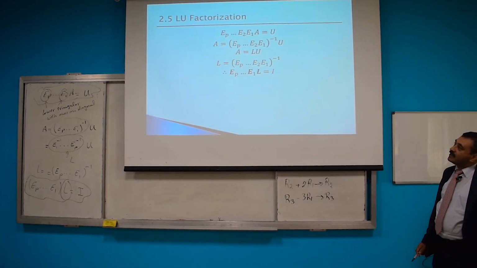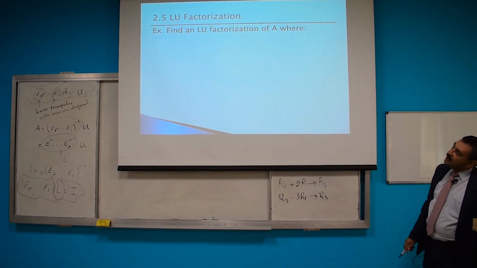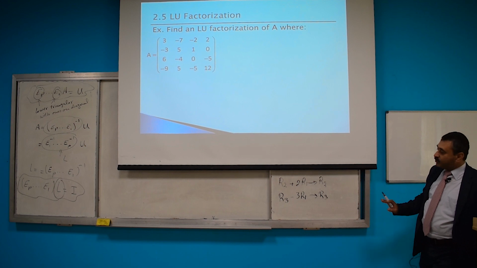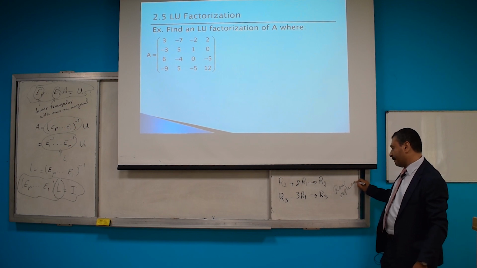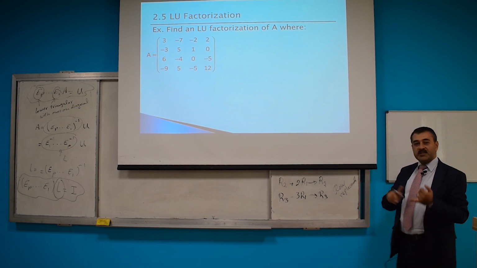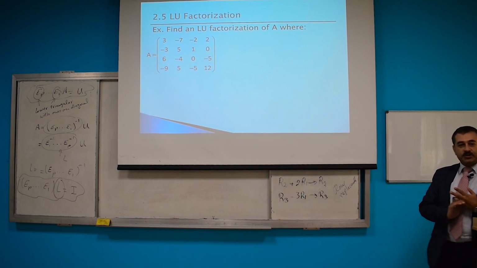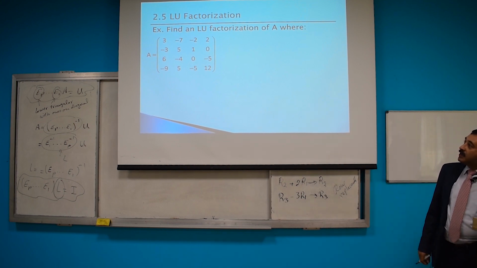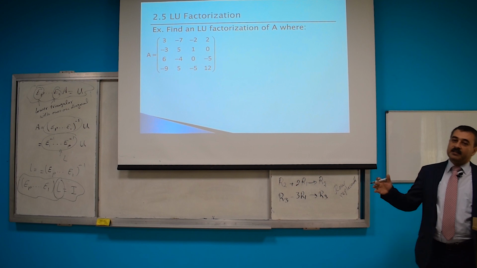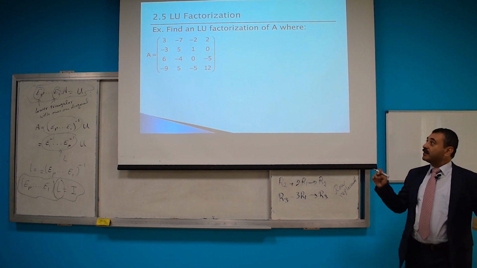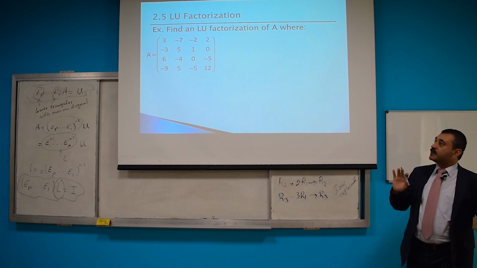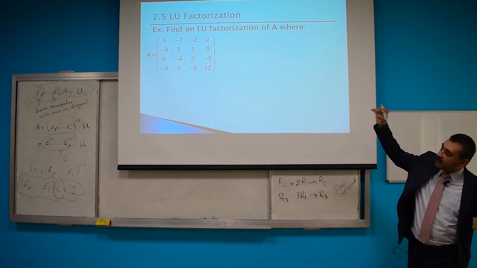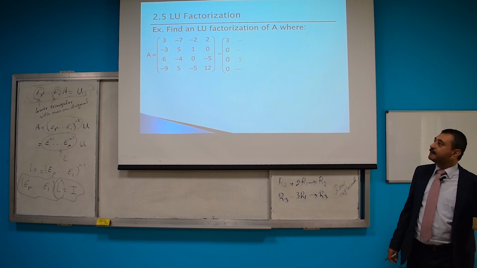Okay, so let's see an example. Again, I am doing only row replacement operations. Row replacement only. I'm not going to do scaling or interchange. So if this is your matrix A, let's do the regular steps for reduction to reach the echelon form. So we'll take 3 as pivot, eliminate -3, 6, and -9.